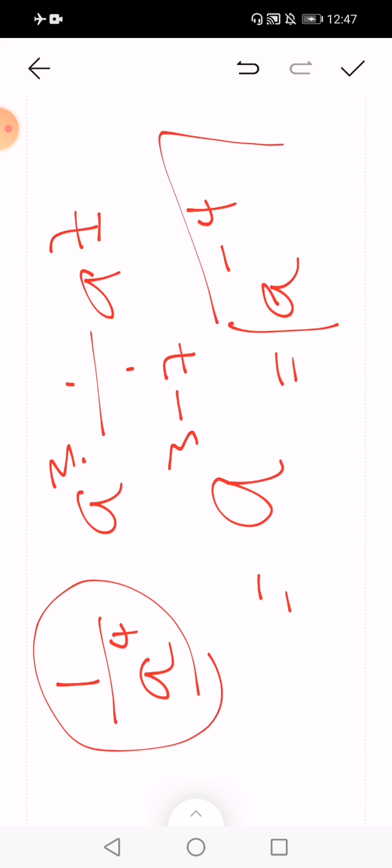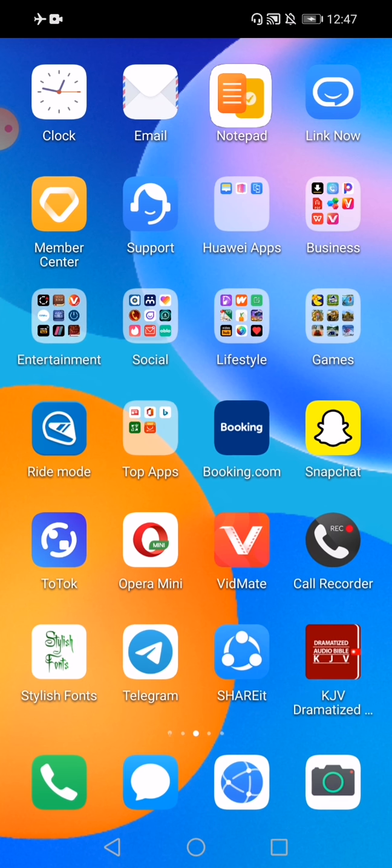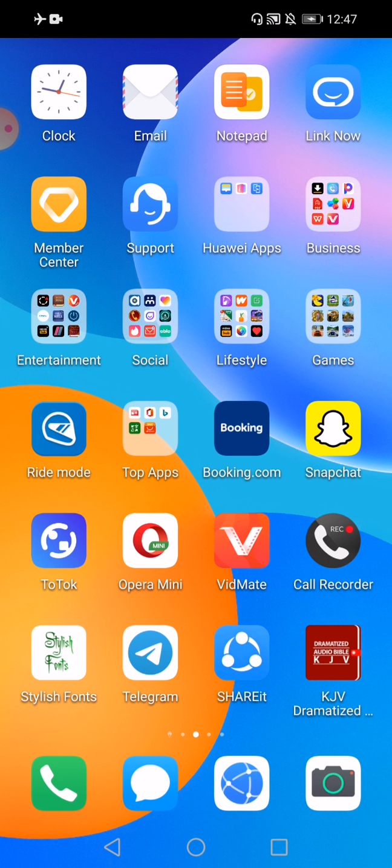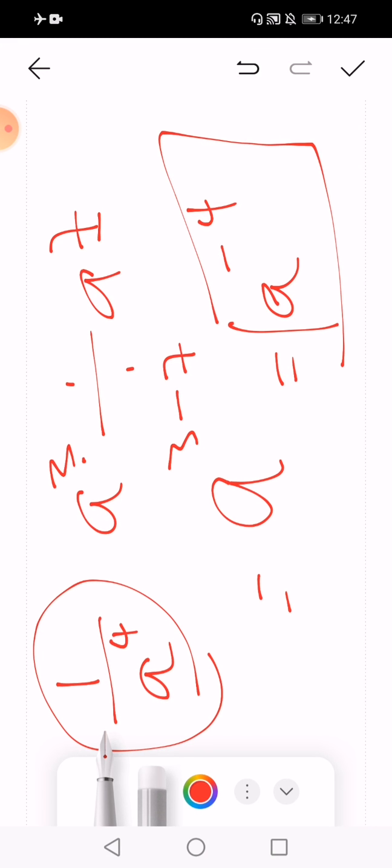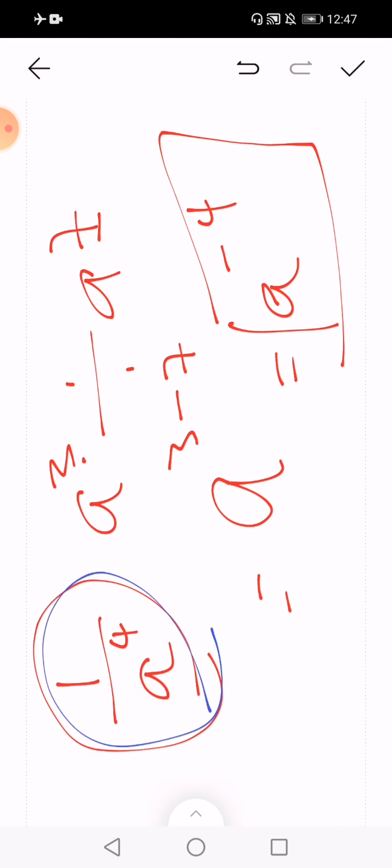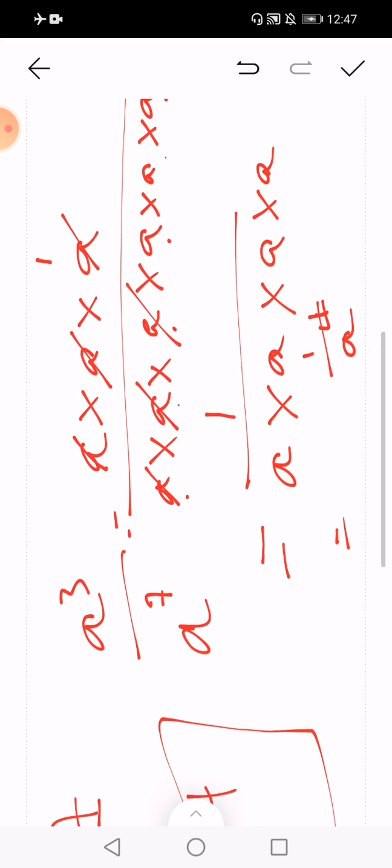Okay, so now I have this and I have that one. Let me use a different color now. So here I've got 1 over a to the power 4 when I calculate using this method.